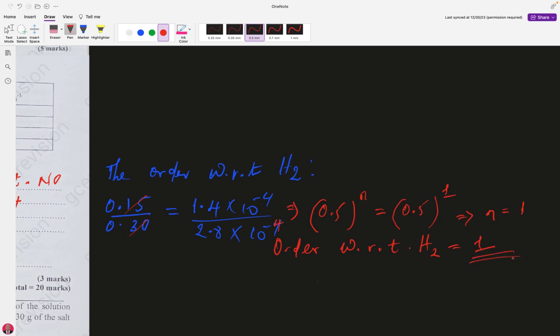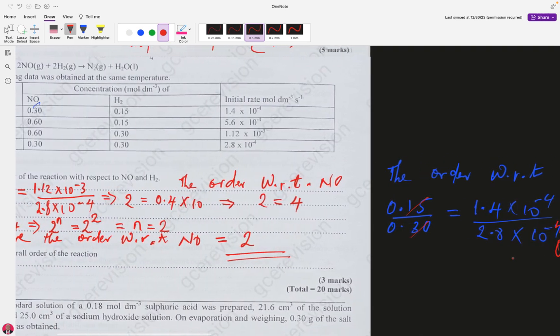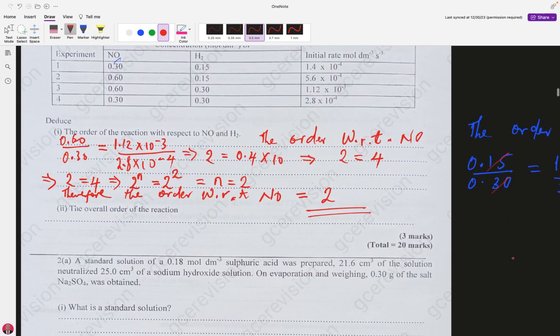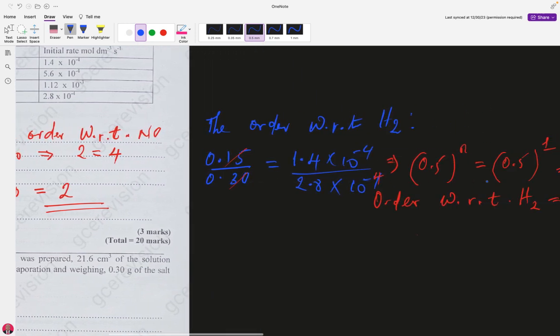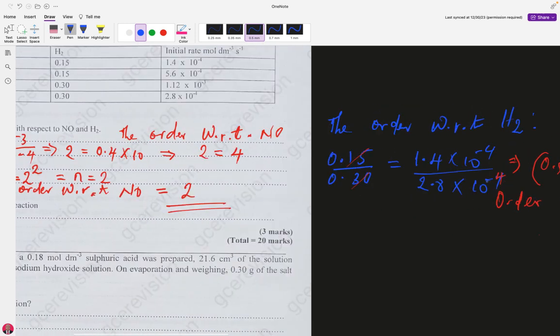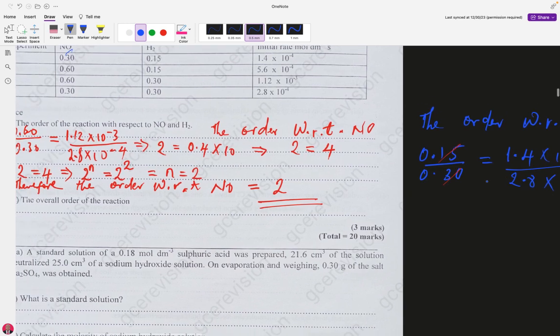The order is 1, that is first order. So now they are telling us the overall order. Now let's use this information to get the overall order. The order with hydrogen is 1. The order with NO is 2.